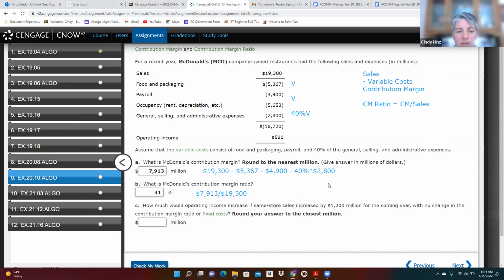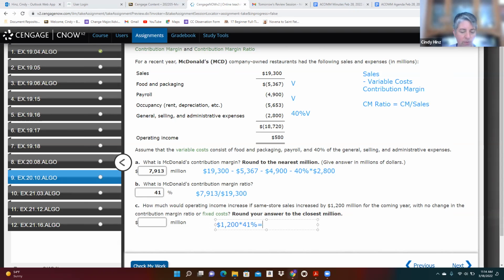And then the final question is, how much would operating income increase if same-store sales increased by 1.2 million for the coming year with no change in the contribution margin ratio or fixed costs? Round your answer to the closest million. So how much would they go up? Well, if our sales went up by 1,200,000, but our fixed cost remained the same, our contribution margin ratio is 41% in my numbers, in my exercise.